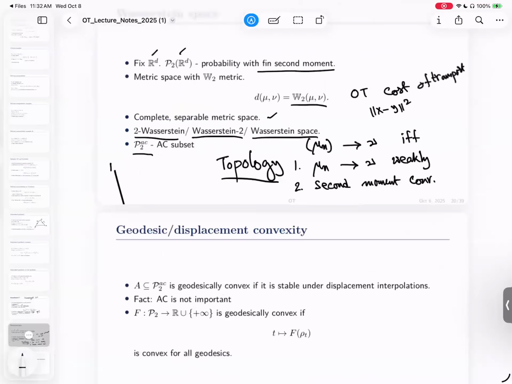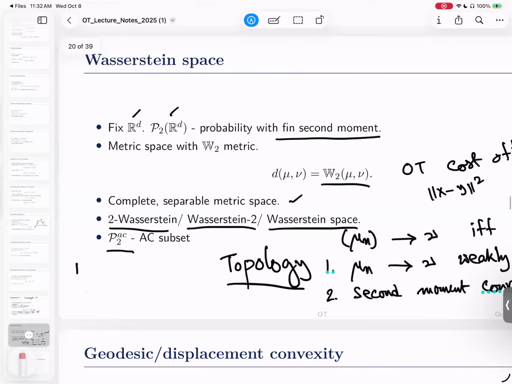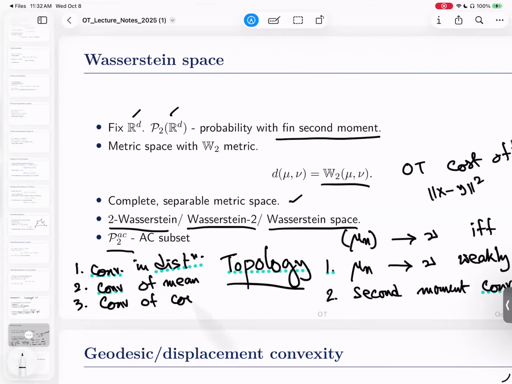As you can see, I still haven't managed to get good at using my iPad, but I'm getting there. So: convergence in distribution, convergence of mean, and convergence of covariances. And these three are equivalent, and they're equivalent to the convergence in this Wasserstein space.